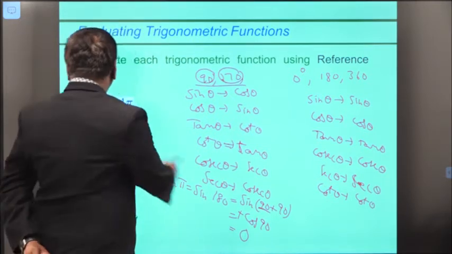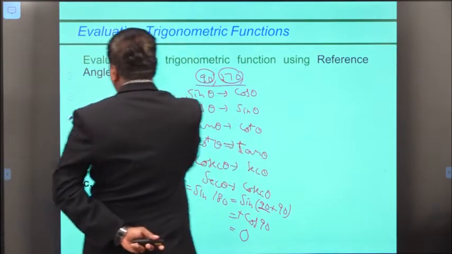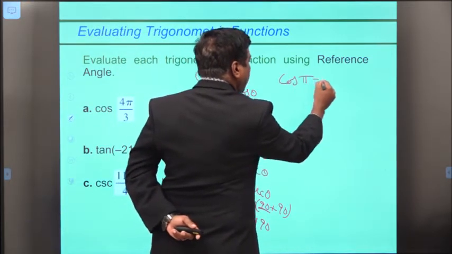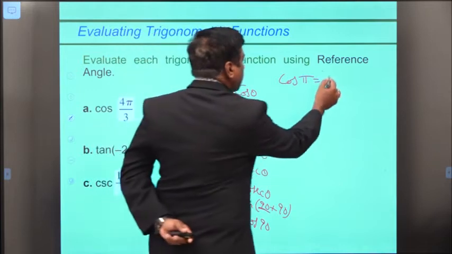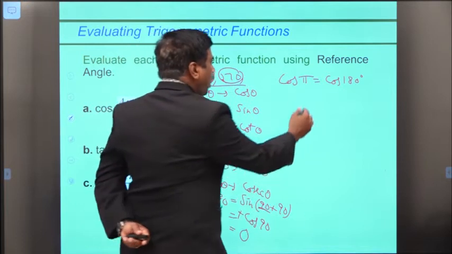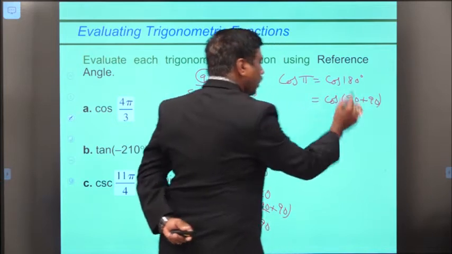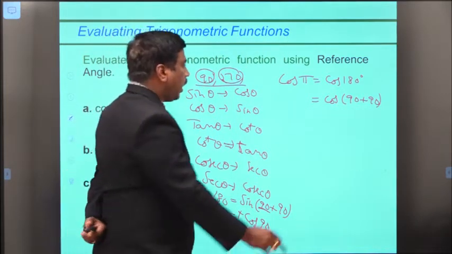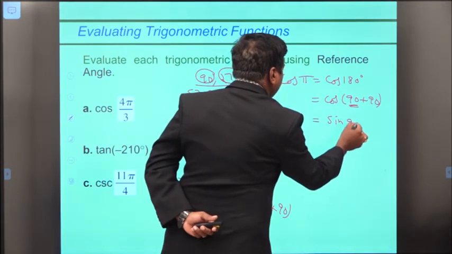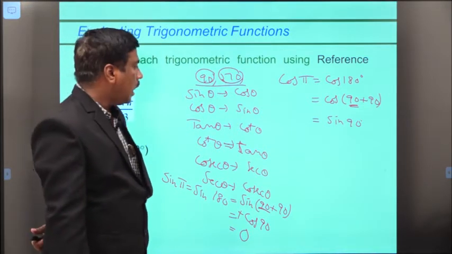So you get the value of sin pi equal to 0. In a similar way, we evaluate cos pi. Cos pi is cos of 180 degrees, which we convert to cos of 90 plus 90. At 90 degrees, cos will be changed to sin 90.